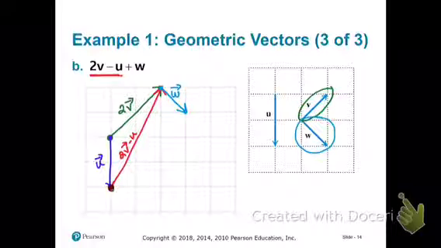Again, here's the initial point, and I'm drawing to that point right there. That's my terminal point because I was adding. Put my arrow, and what we just drew in there was 2 times vector v minus u plus vector w. And there's our resultant vector that we were after.